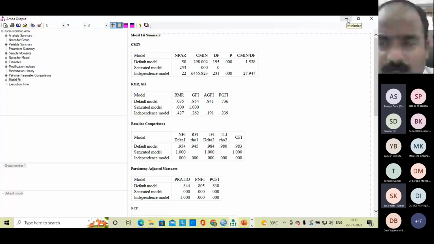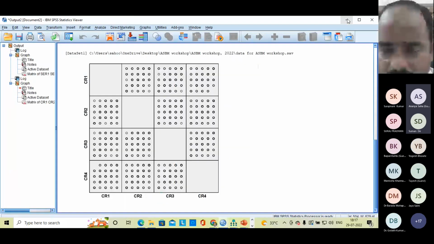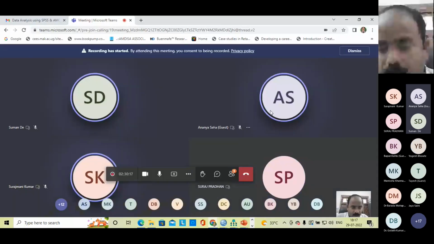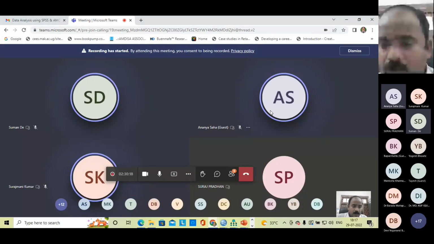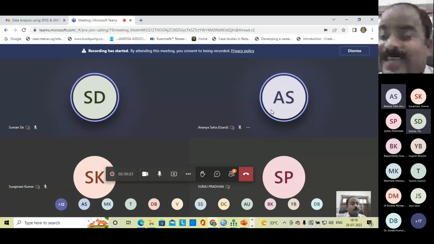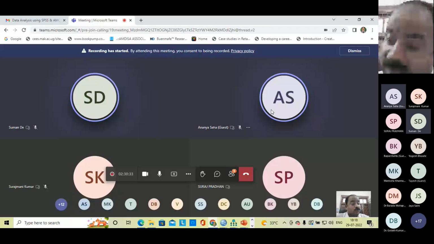No, he is saying that from the SPSS scatter plot. No, I think you didn't understand. If your fit indices are not above 0.9, or RMR, RMSEA are above 0.05, which should be less than 0.05, it is slightly deviating fit indices.